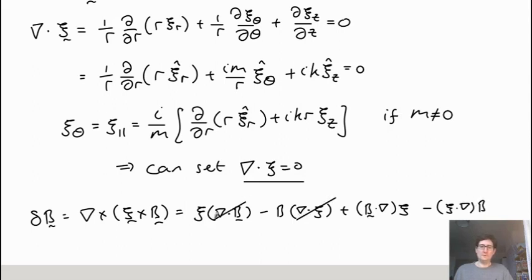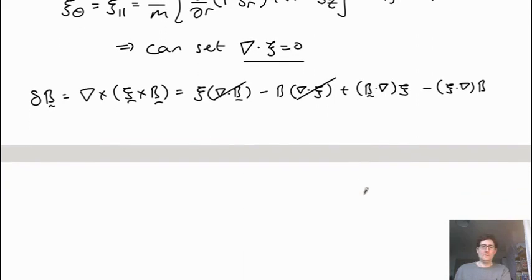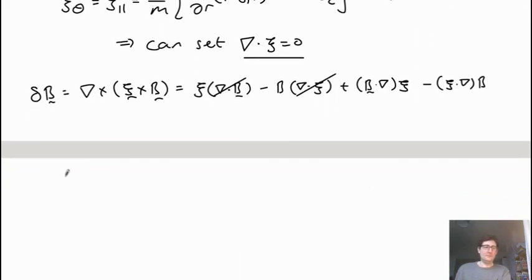So these two terms are both 0. And we just have these two components, and we can work them out. First, B dot grad xi. B is in the poloidal direction, and so this is the gradient in the poloidal direction of xi.